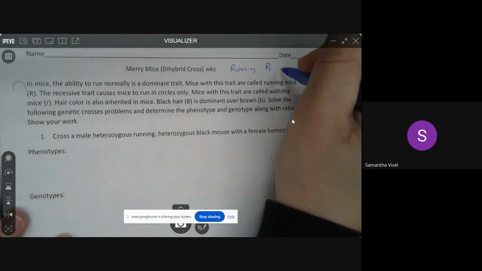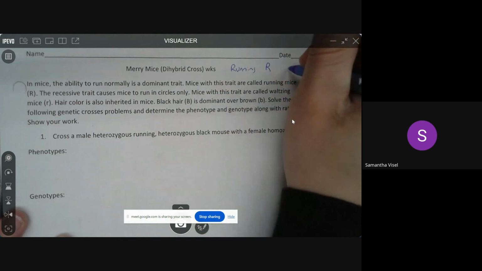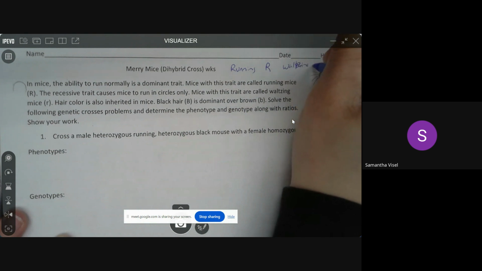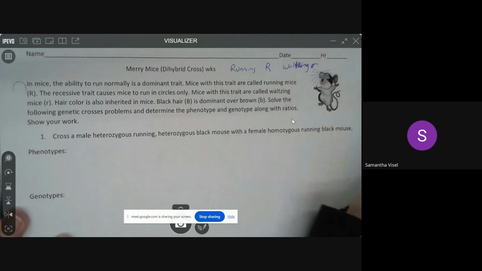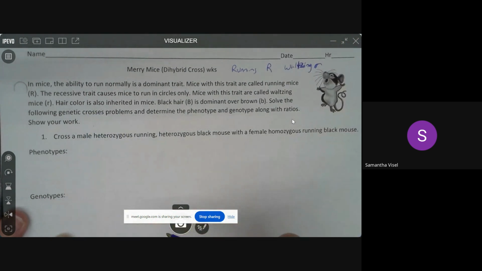And then the recessive trait causes mice to run in circles. These are called waltzing. So waltzing is recessive. That's a lowercase r. Hair color is also inherited in mice.